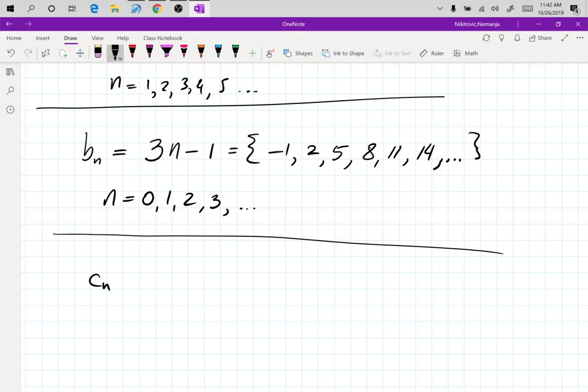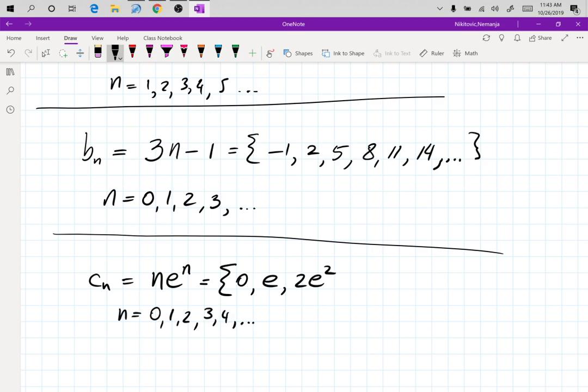So C of n is n e to the n, and we're going to start the count at 0. So give me first, 0. Next one. Next one. 2e squared. 2e squared.